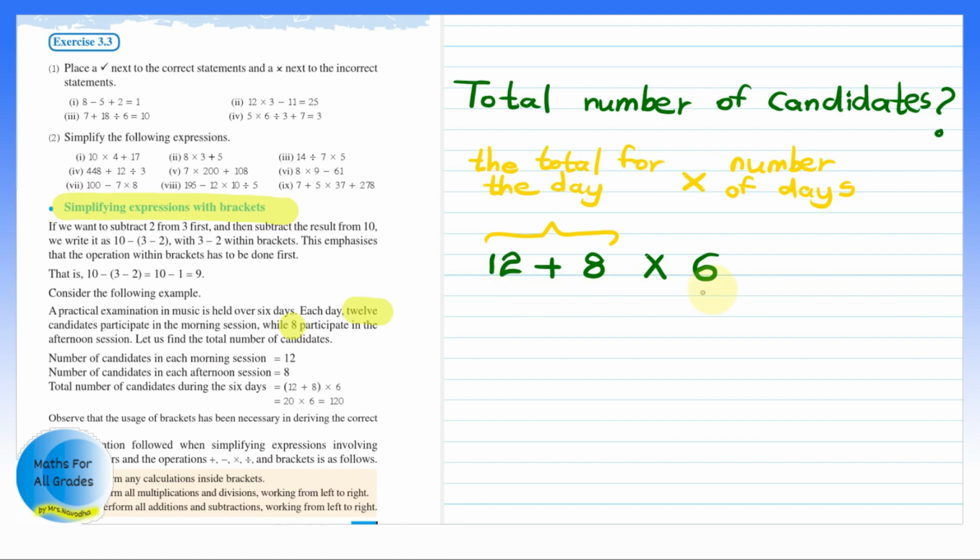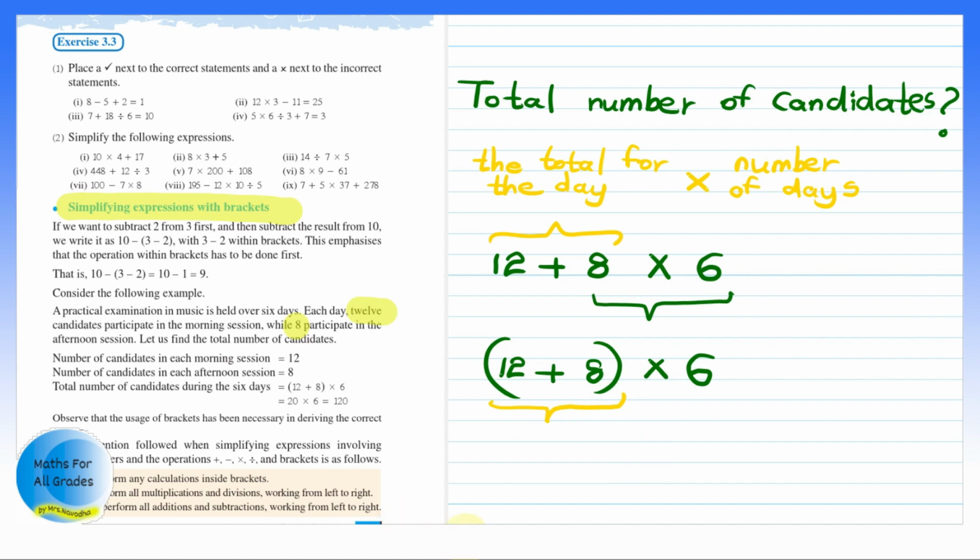Because look at this expression, you can see addition and multiplication. According to the rules, you are going to do this multiplication first and then addition. But this is not what we want to do. We want to do the addition first. That's why we use brackets like this. And when you write multiply by 6, this expression gives the idea of first do what's inside the brackets.